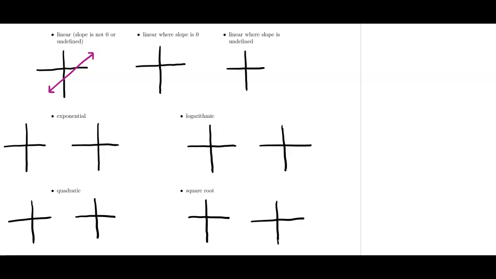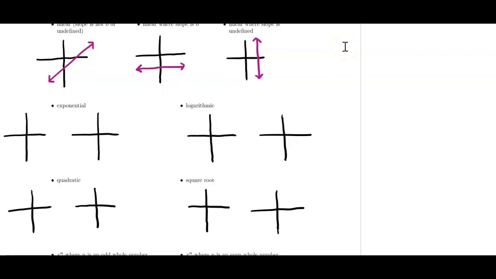So that would look like this, some kind of horizontal line on your grid. An undefined slope is going to be a vertical line. If you want to remind yourself, slope 0, horizontal line, slope undefined, vertical line, maybe write those words out to the side too. Those are all the different ones we came across with linear functions.